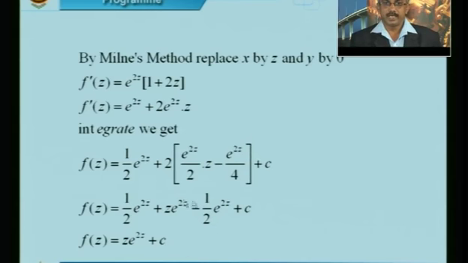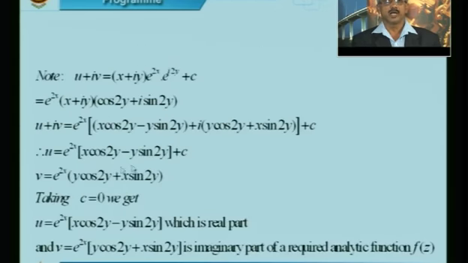But the integral constant in the complex variable we can add or even we can neglect, it does not matter. But even if we include it, we will see how we get the analytic function property and how we can choose the values of this constant. I put this in the form of a note.